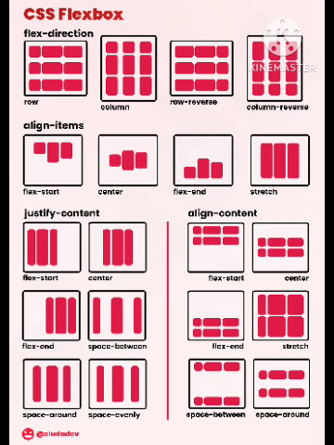So coming into the basic flex layout, the very first thing we will declare, or sometimes we won't declare and it will take by default, is flex direction row. So flex direction row is the default one.